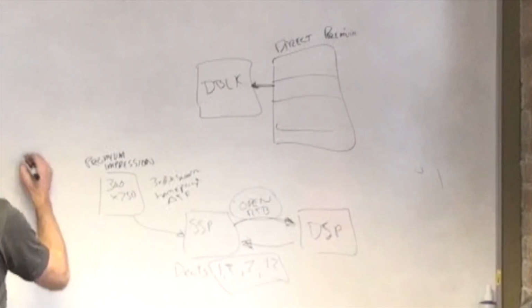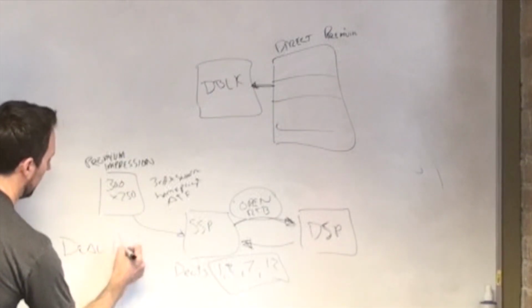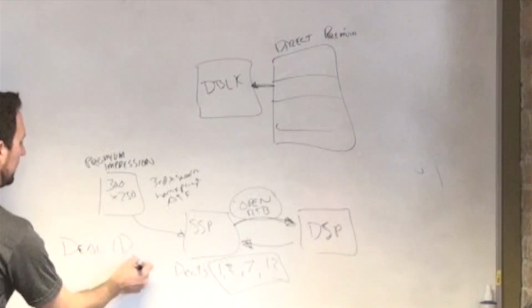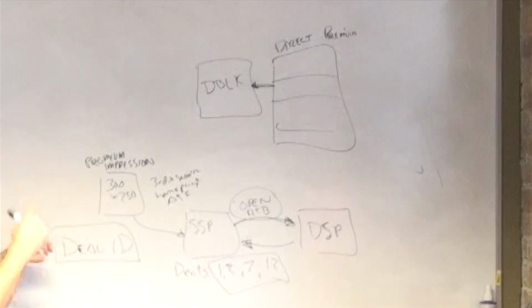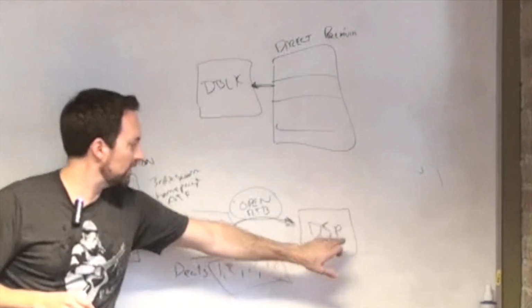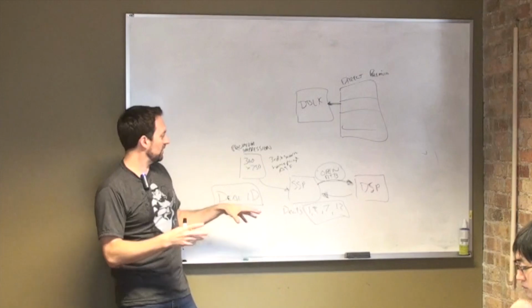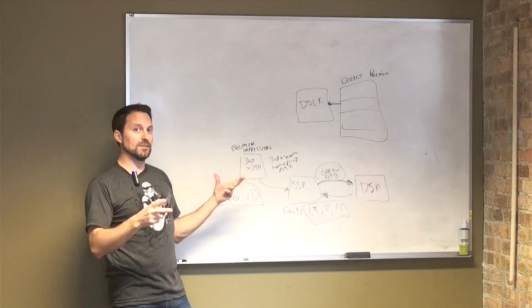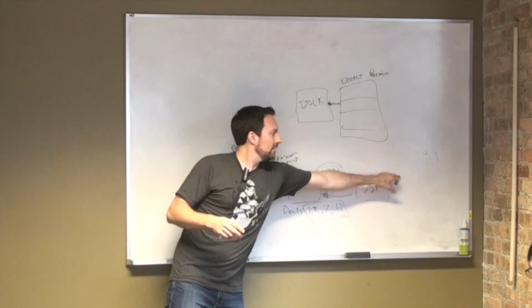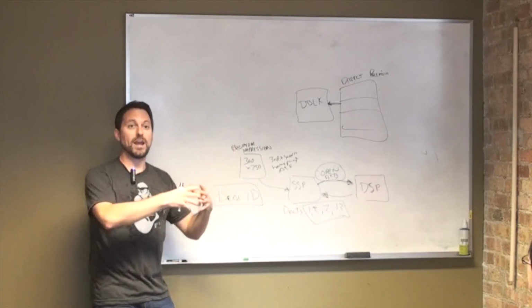Deal ID is one of the biggest components of programmatic. The deal ID is an identifier that indicates to the SSP as well as the DSP that, hey, this particular impression could be part of this deal that your buyer and my seller have arranged.